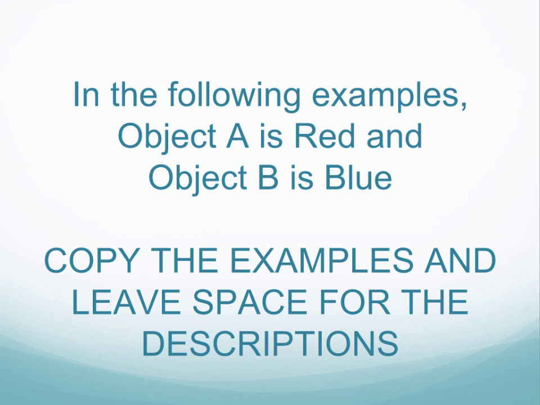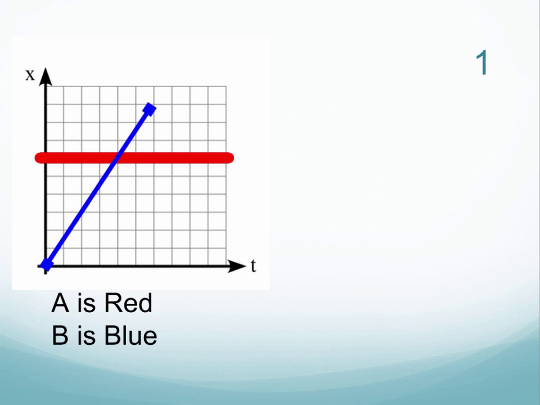All right, so in the following examples, object A is red and object B is blue, and I've given you a copy of the examples so that you can fill in these as notes, okay? So A is the red line here, and B is the blue line here. And we're going to do one object at a time.